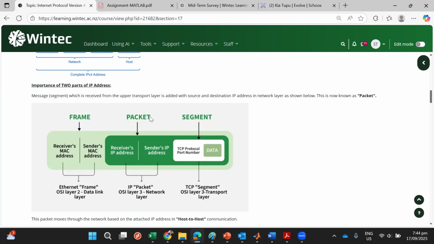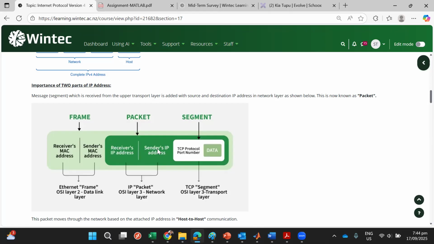So we are talking about the packet that is in the network layer, which has the IP address. Whenever this packet is traveling, the first thing it has to identify is whether the receiver network address and the sender network address are the same or not. If they are the same, then the packet will be delivered in the same network.